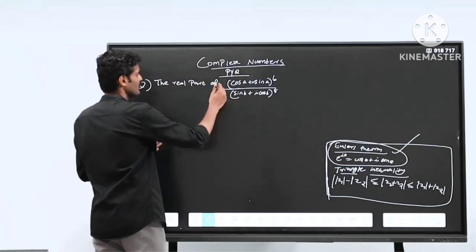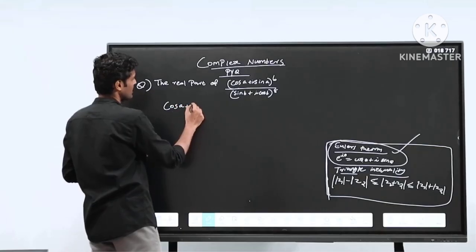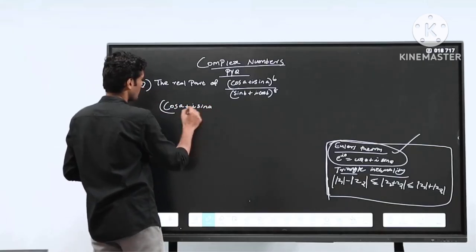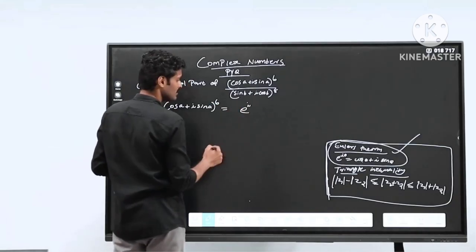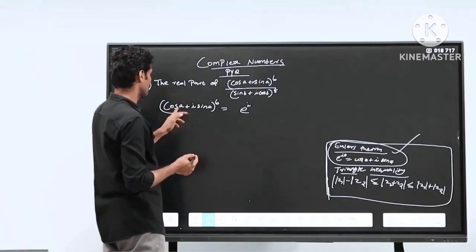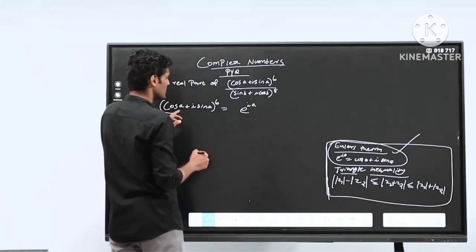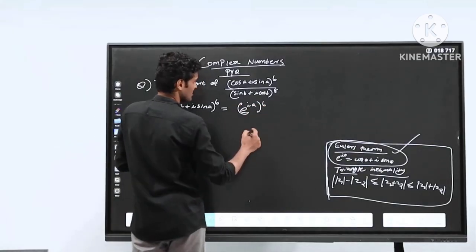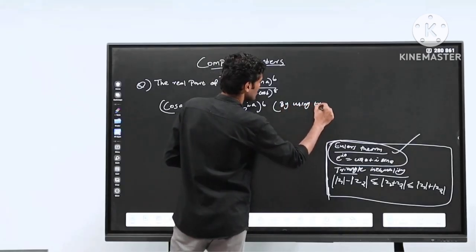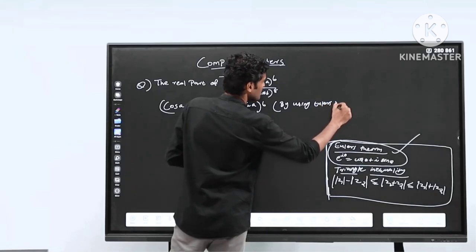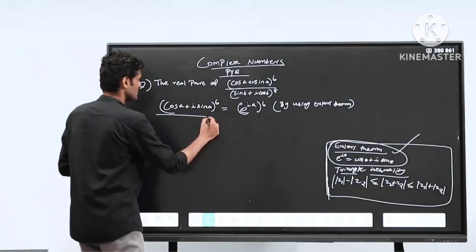We can write it as (e raised to i theta) whole raised to 6, where theta is A, by using Euler's theorem.